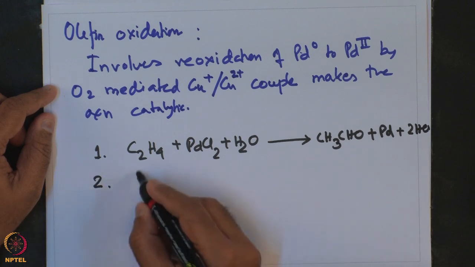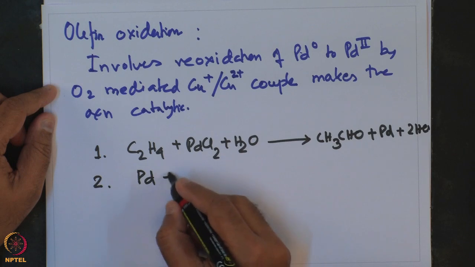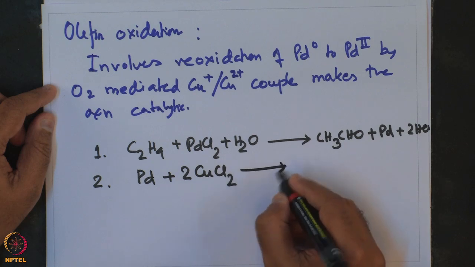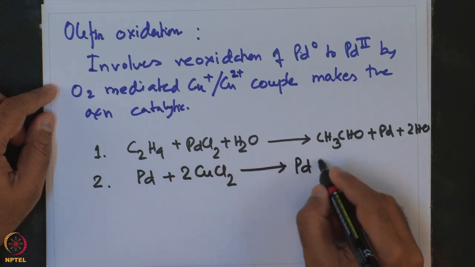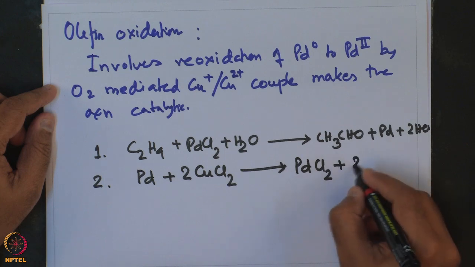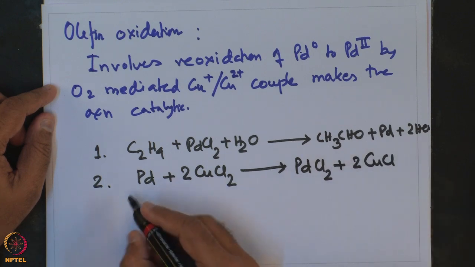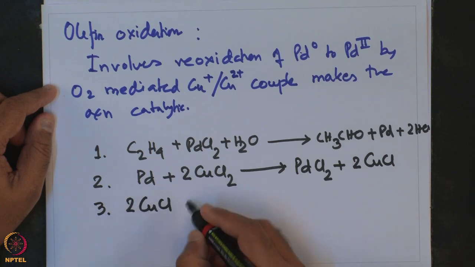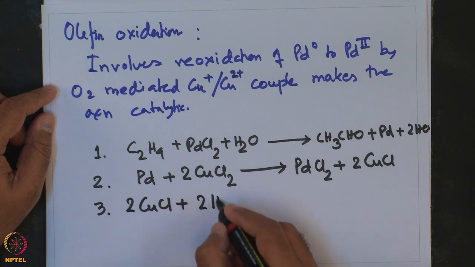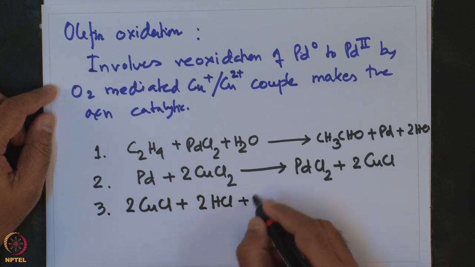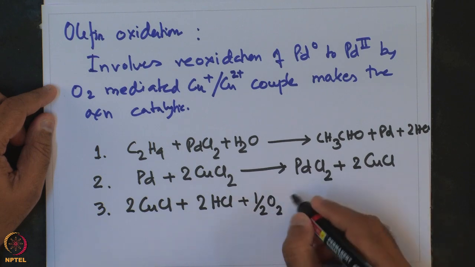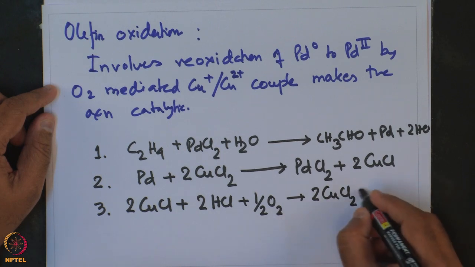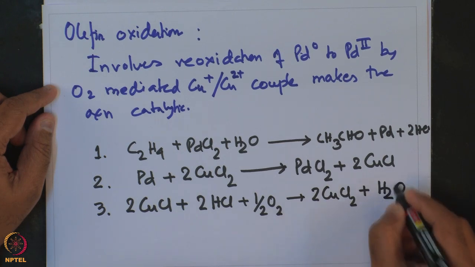Step 2 is Pd plus 2 CuCl2 giving PdCl2 plus 2 CuCl. Step 3, 2 CuCl plus 2 HCl plus half O2 giving 2 CuCl2 plus H2O.